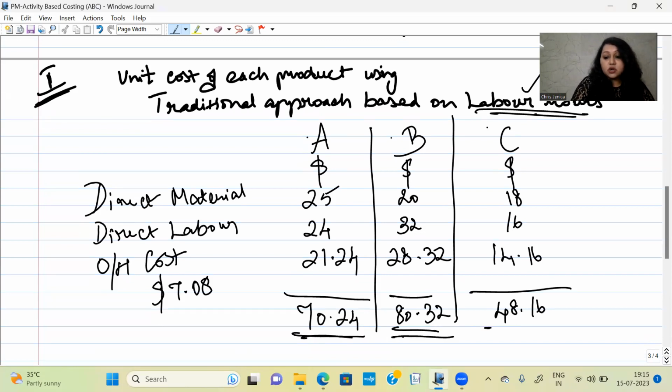So this is the total cost of each product. That is product A, 70.24, product B, 80.32, and product C is 48.16.